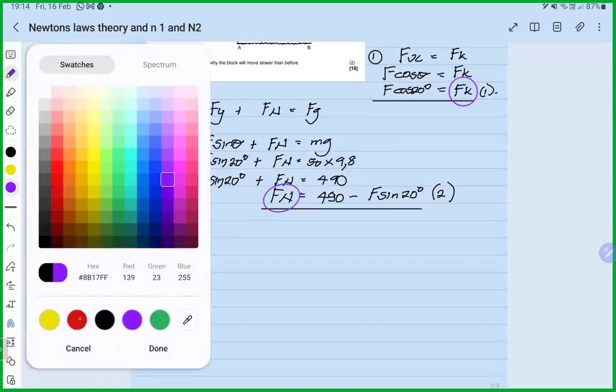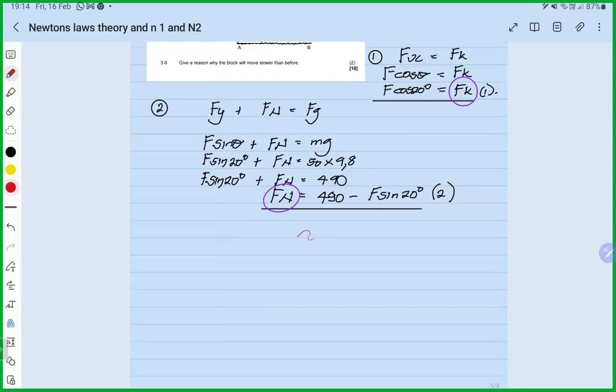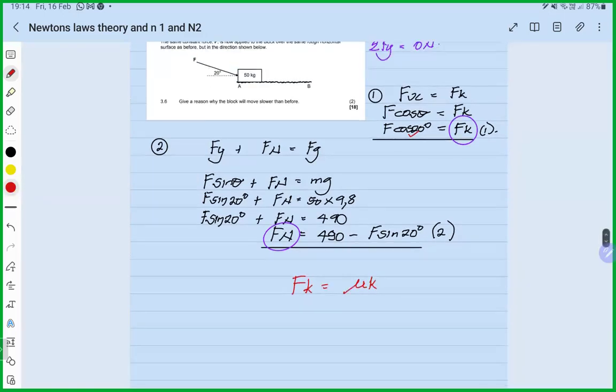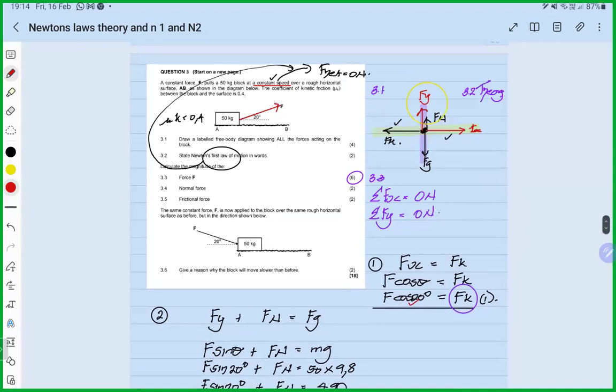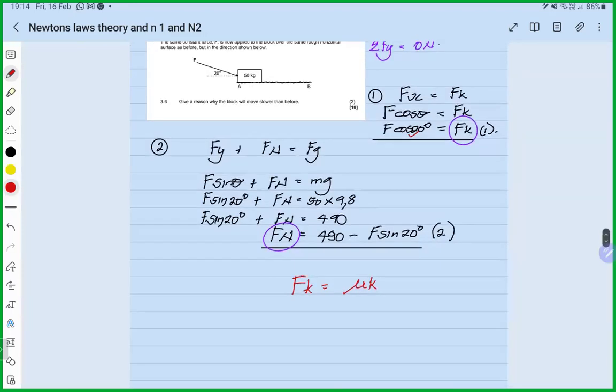I'm going to put this in red so you can see it. Your kinetic friction, which is there, is equal to mu k, which they gave you, the coefficient of friction, there, multiplied by your normal, which is here.